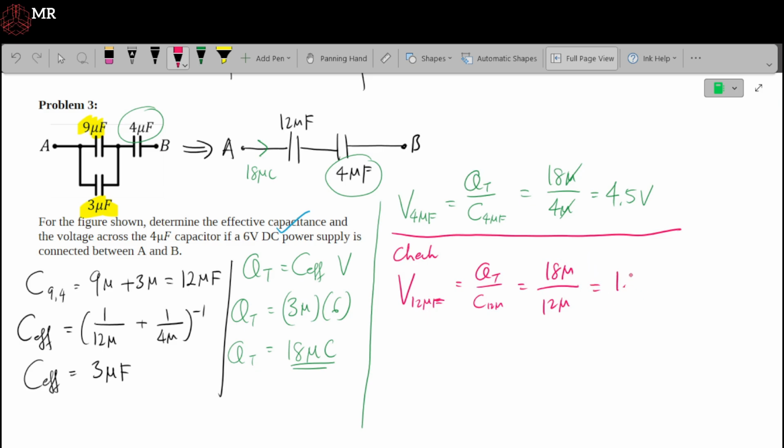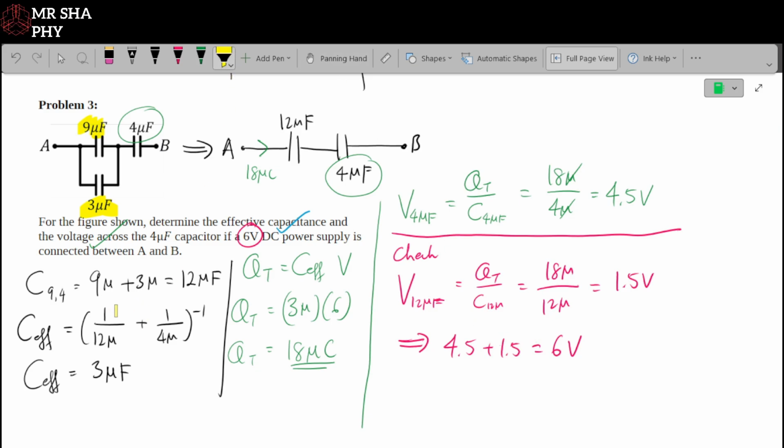Then I will have 1.5 volts, and 4.5 plus 1.5 is in fact equal to 6 volts, which matches with our value here, right? So then we have already found the voltage across the 4 microfarad capacitor.